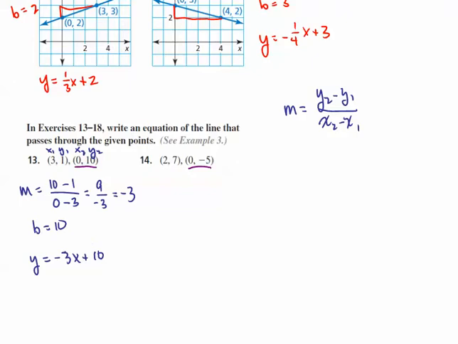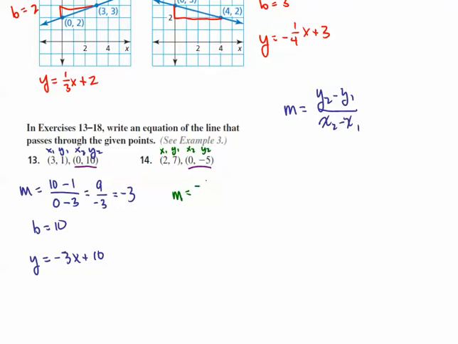Because x is 0. All right, in the next pair of points, I'll label my points, x1, y1, x2, y2.